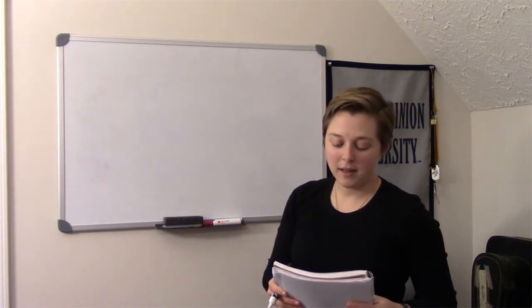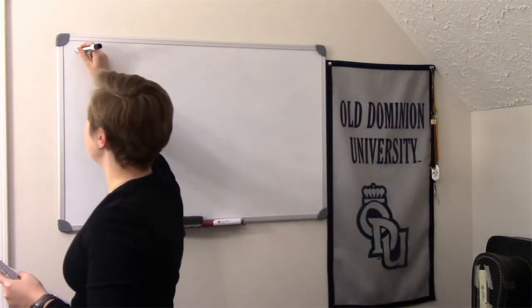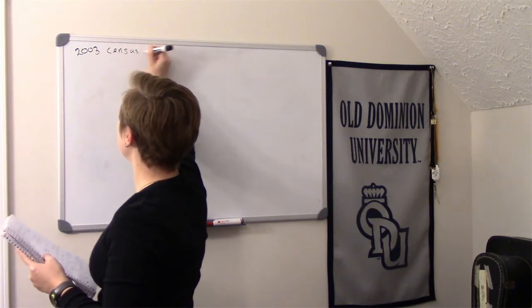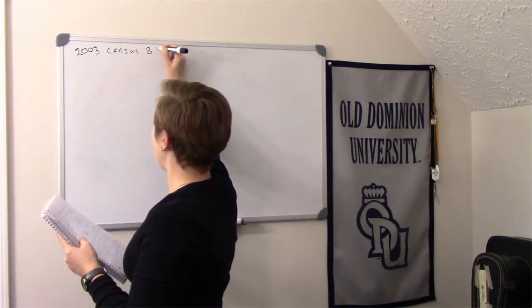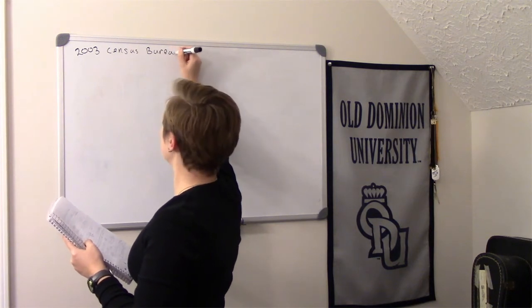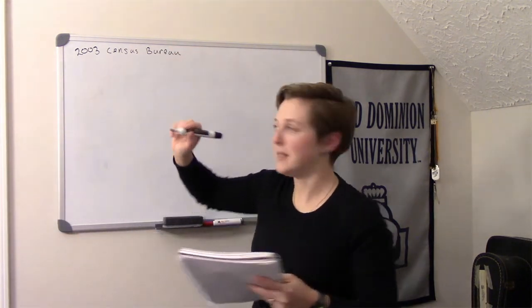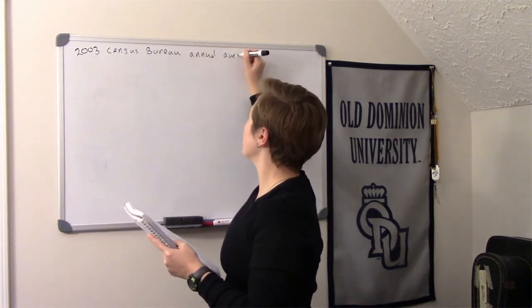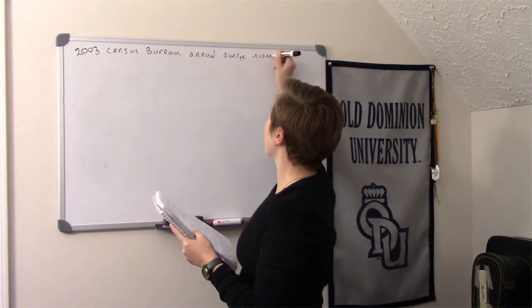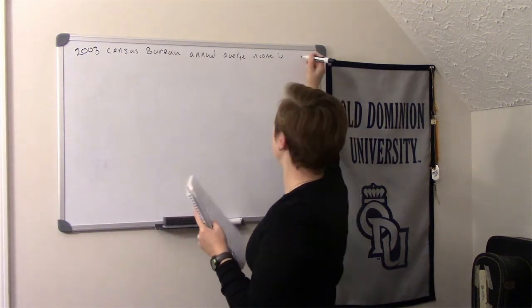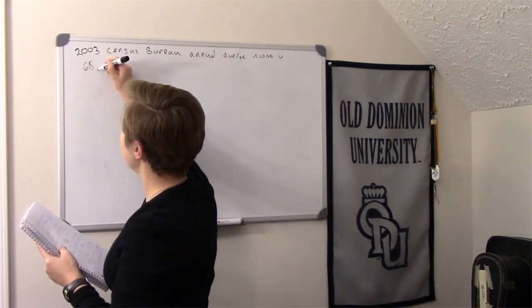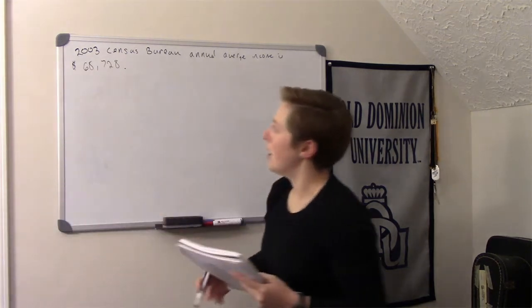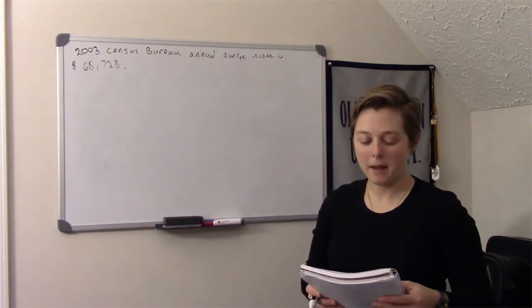In 2003, the Census Bureau found that the annual average income for a household in the United States is $68,728. Okay, so that's in 2003.